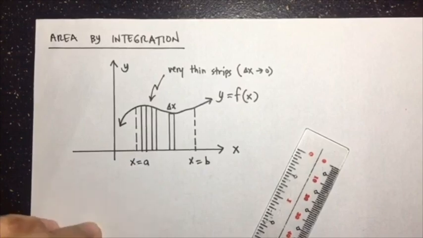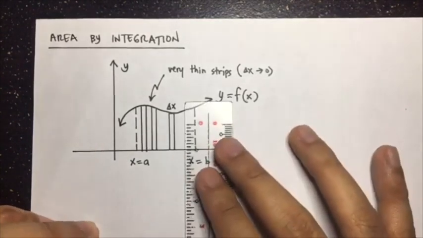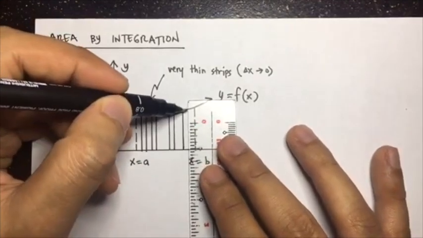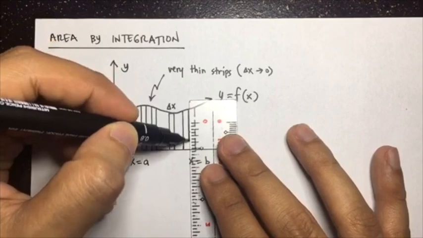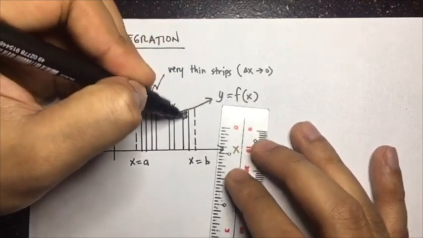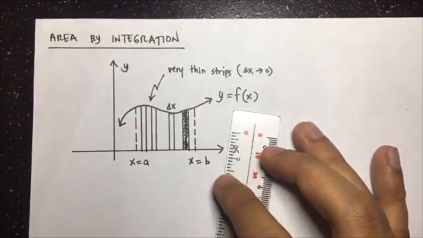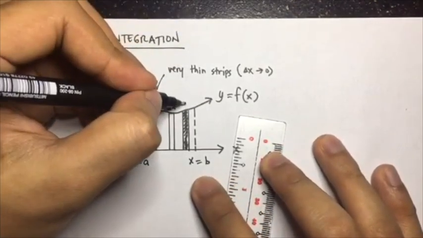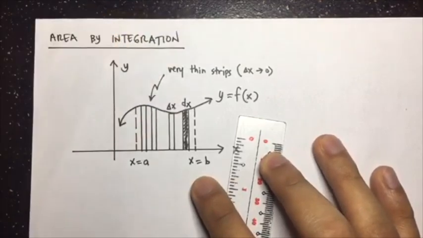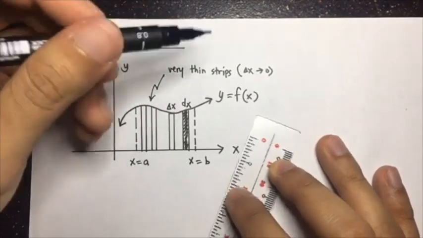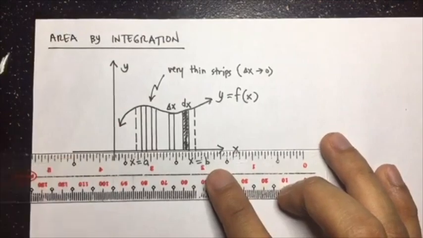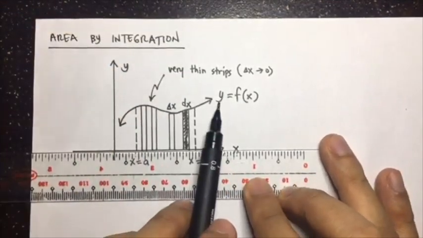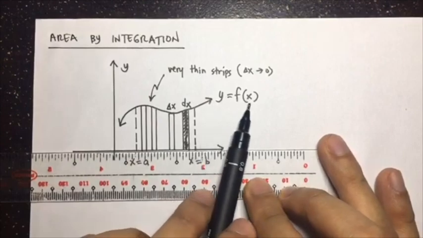Taking one strip, let's have this strip. Its width will be dx, and its height will be described by the graph, for which y is equal to a function of x.